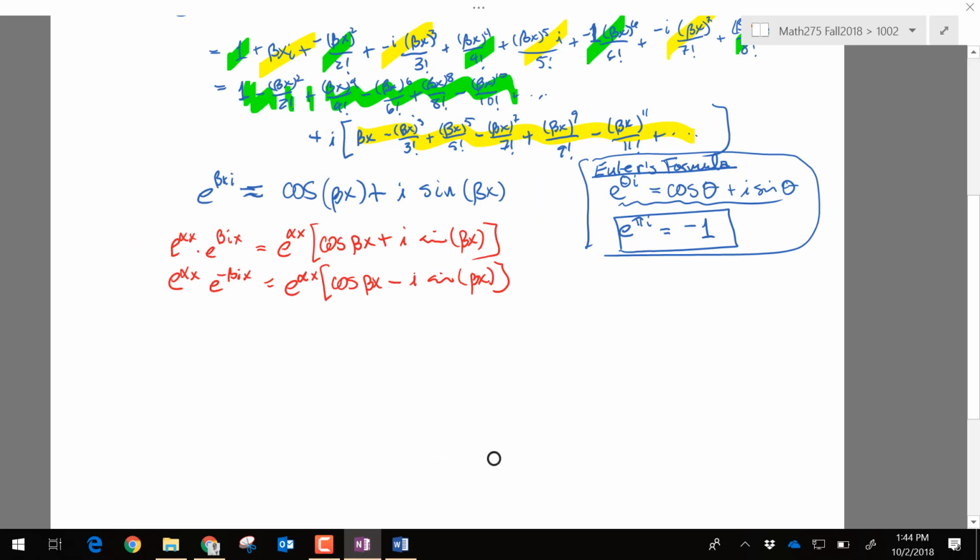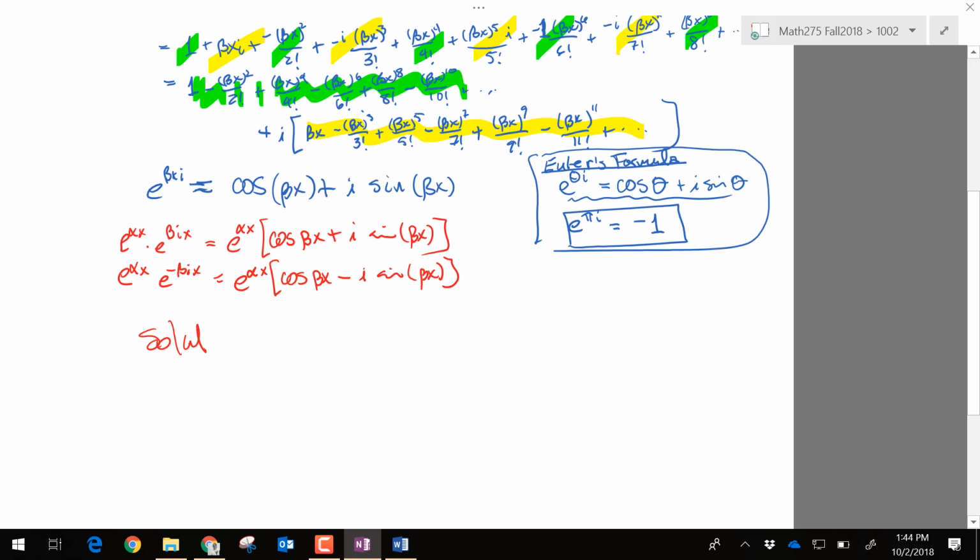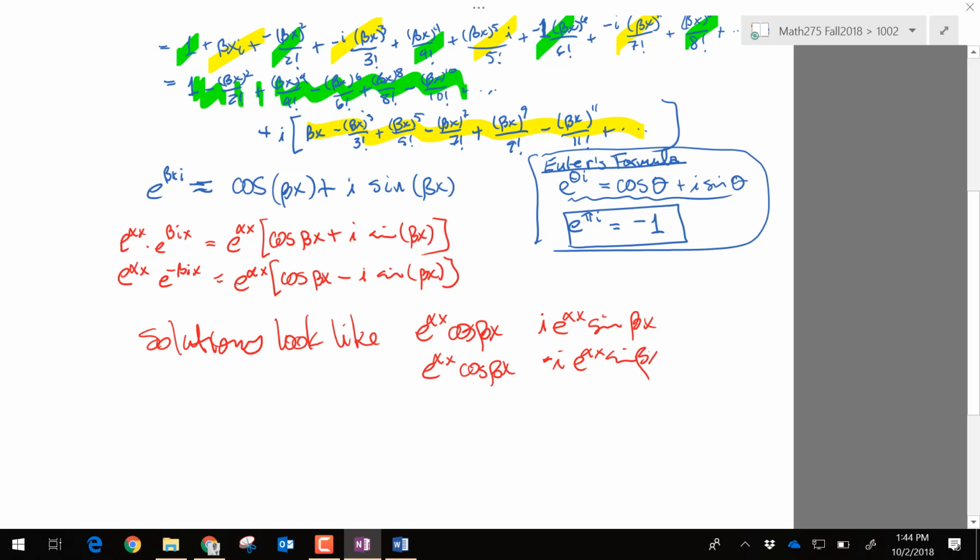So what you really have here, solutions look like e to the alpha times x times cosine beta x, i e to the alpha times x times sine beta x, and the next one is negative e to the alpha x sine beta x.